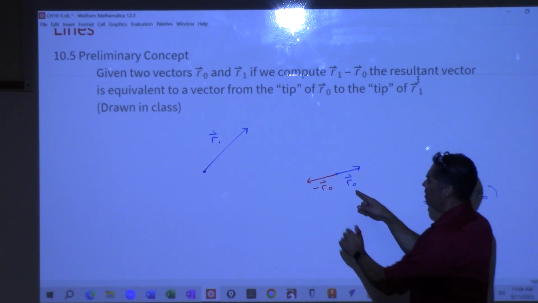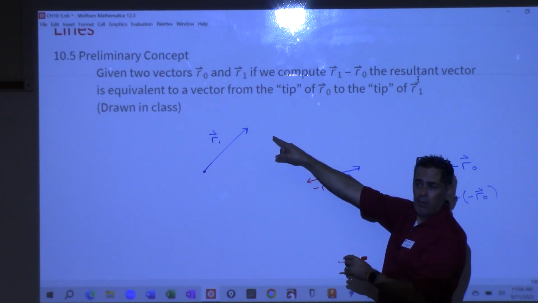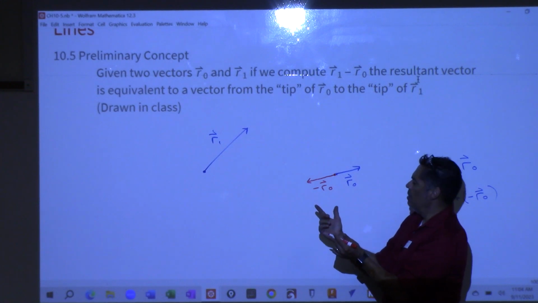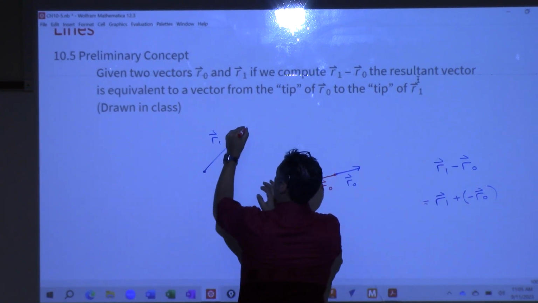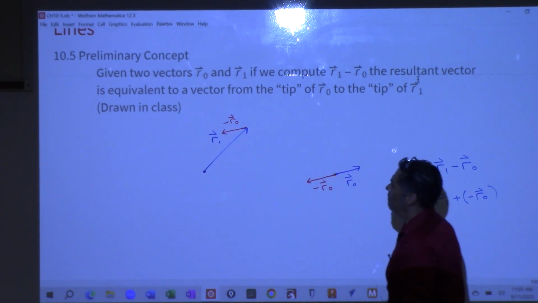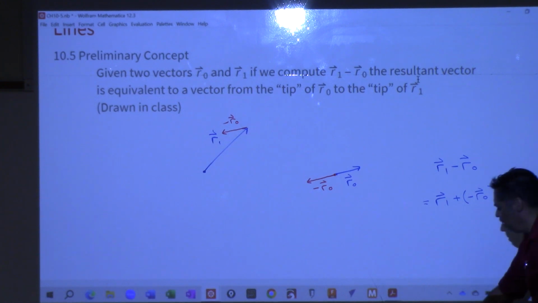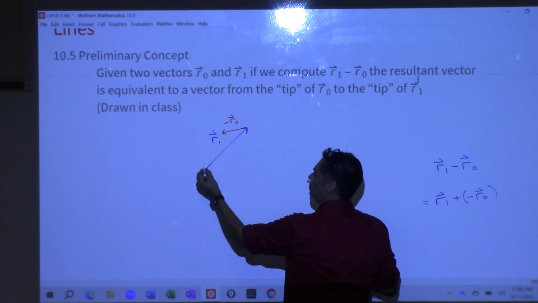I need to attach the tail of the red one to the tip of that one, or the other way around. Doesn't matter which way I do it. So imagine taking this, moving it, I'll move it like that and put it right here. That's negative r naught, right? And the resultant vector is the vector that goes from here to here.